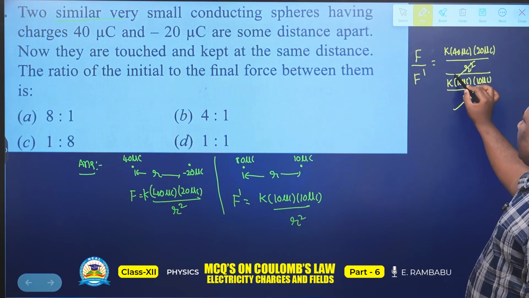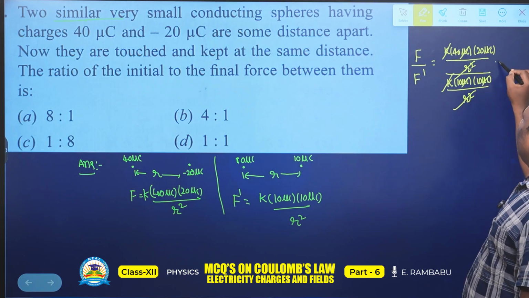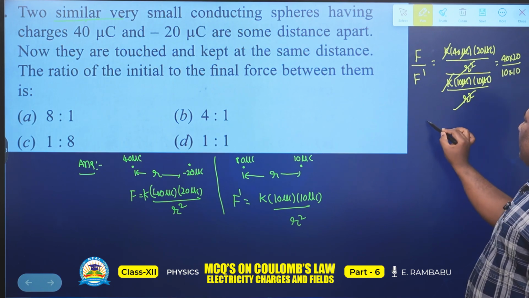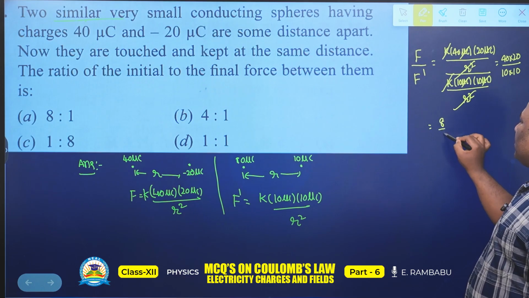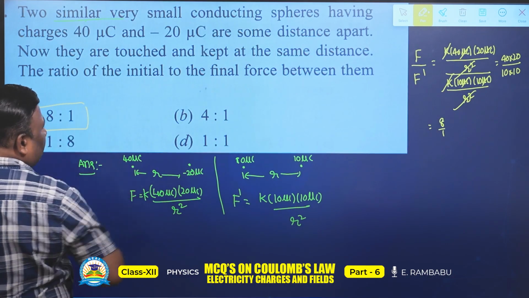See, r square cancels, K and K cancel, microcoulombs are cancelled. Numerator is 40 into 20, denominator is 10 into 10. So finally, what is that ratio? 8:1. Here option A is the answer.